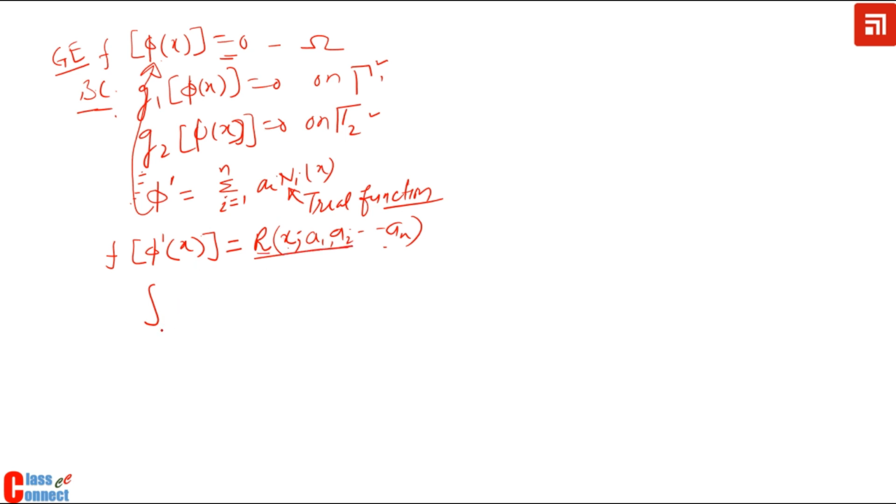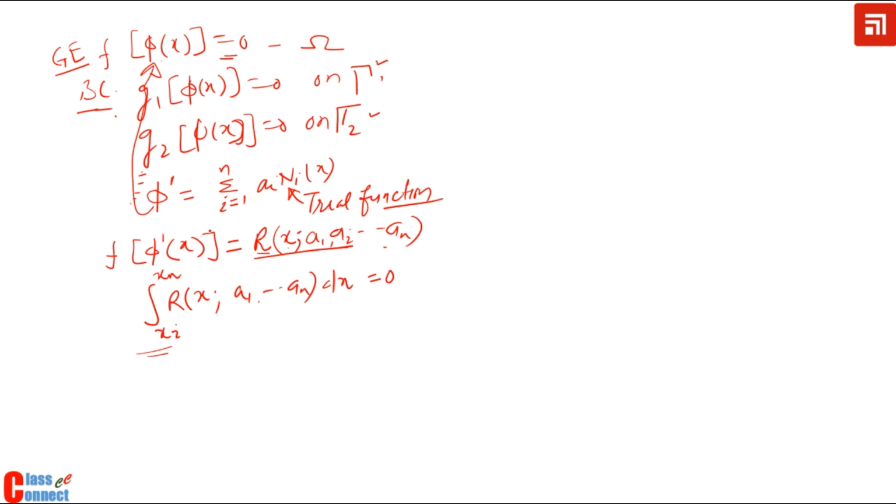For that we take the integral of this function from x_i to x_j, or x_1 to x_n, with dx, and that should be equal to 0. This is our aim in the Ritz method, for the complete domain.